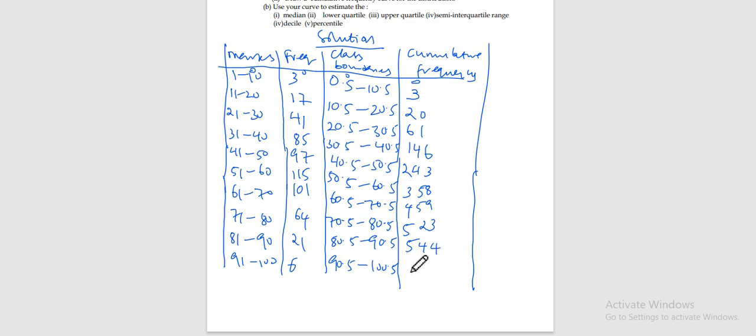Then 544 plus 6 is 550. So that gives us 550.